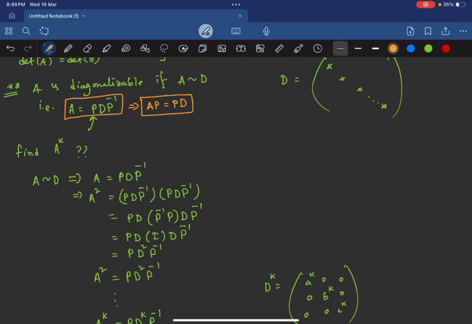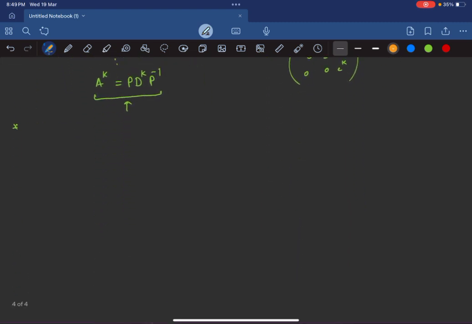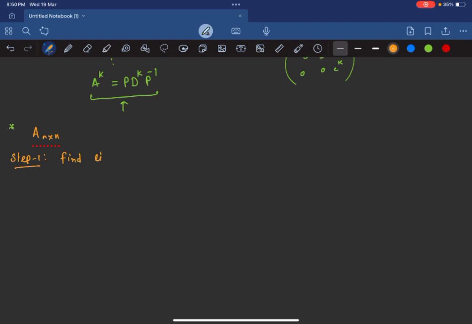Now what is P and what is D, we'll discuss. First thing, A is an n cross n matrix, that means it is a square matrix. So first work, step 1: find eigenvalues.